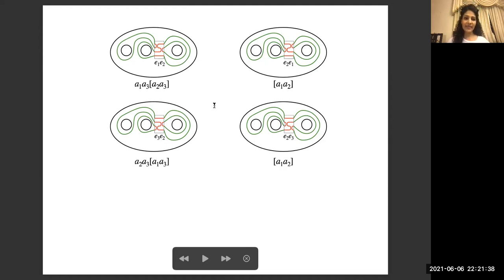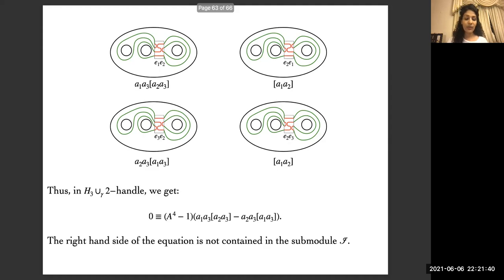Okay, so after we embed them into this curve system, what we get is that in the Kauffman bracket skein module of H2 connected sum H1, we have this relation. But the right-hand side over here is not contained in the submodule, which was defined in the theorem. So we get that the submodule in the theorem needs to be replaced by a strictly bigger submodule for there to be equality.